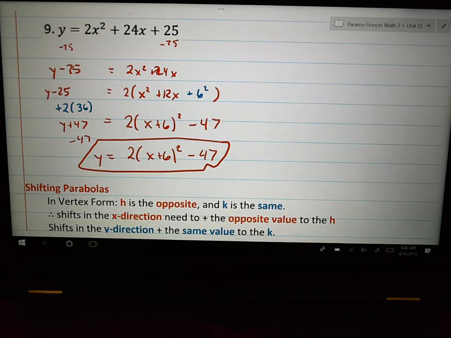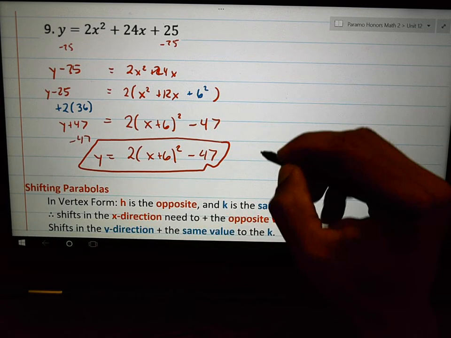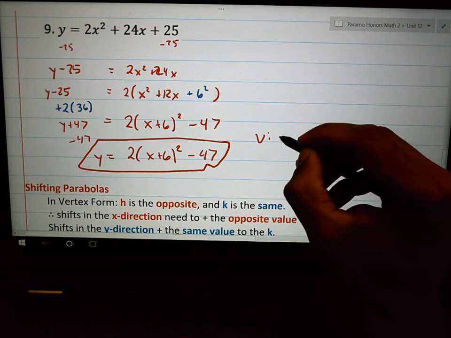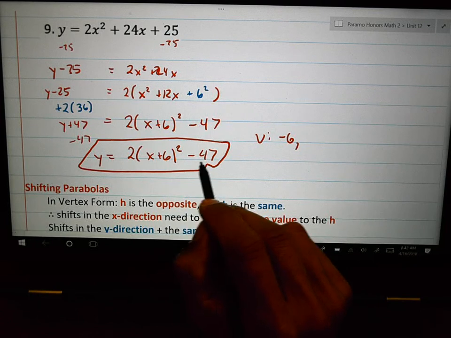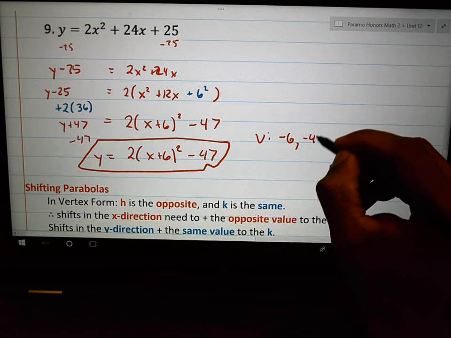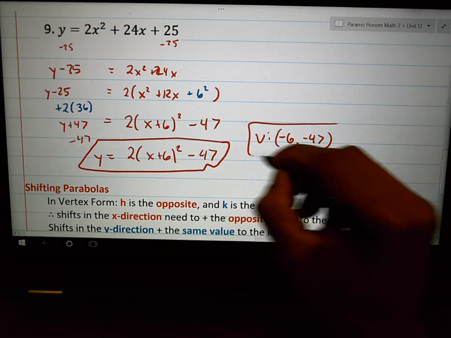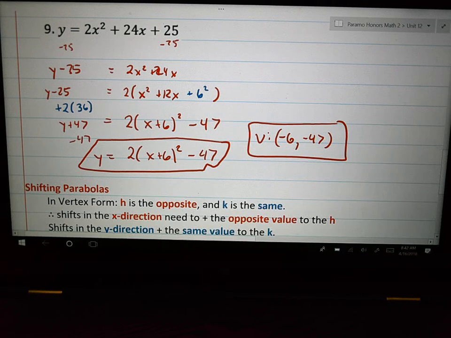I think it's a little easier this way than the other way. The vertex, on the other hand, part 2 of the question, opposite, same. Very easy to find once you have it in vertex form.